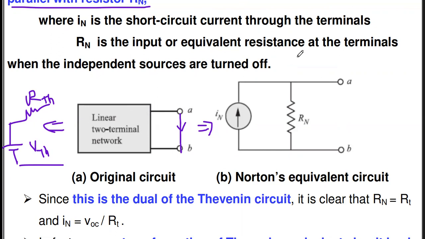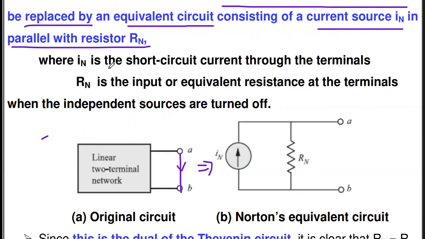This is the difference between the Thevenin's model and the Norton's model. In Thevenin's model, any complex linear two terminal network can be replaced with a voltage source in series with a resistance. Similarly, in Norton's circuit, any linear two terminal network can be replaced with a current source in parallel with the resistance RN.